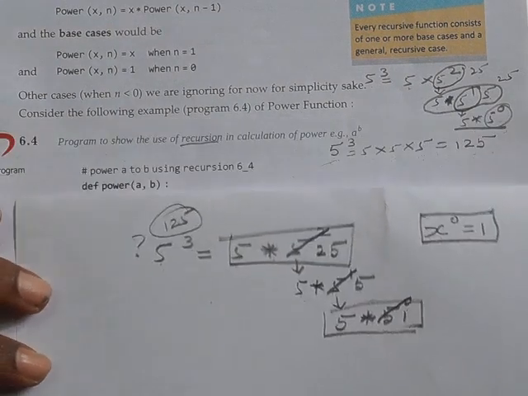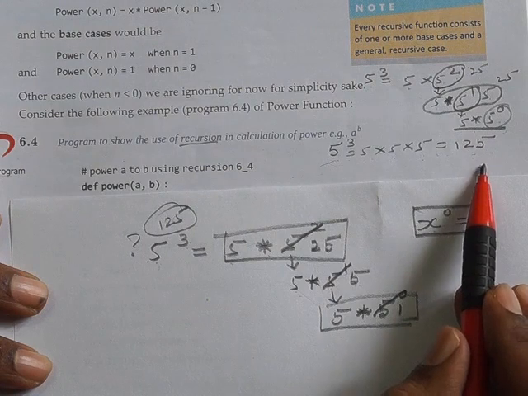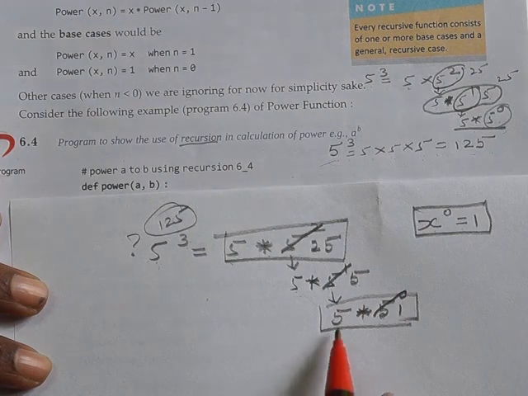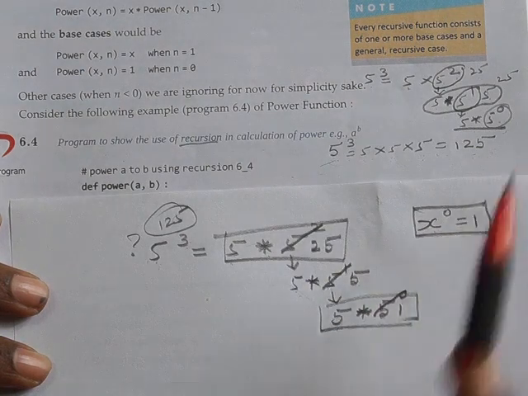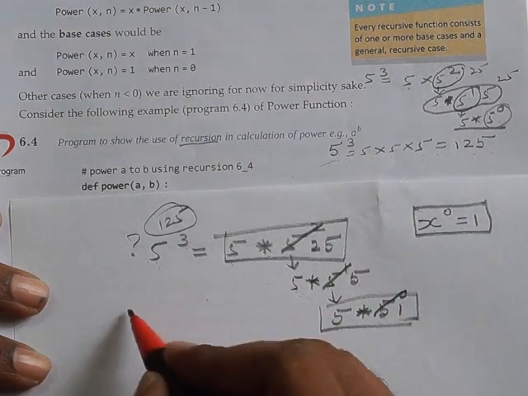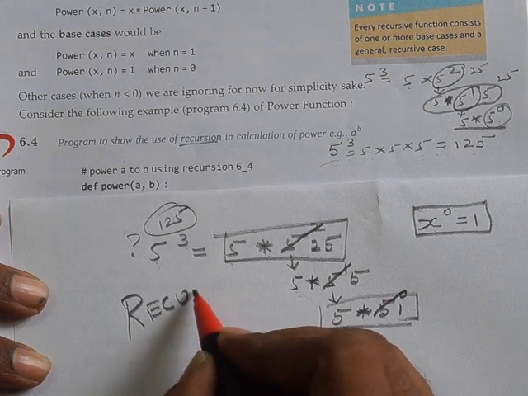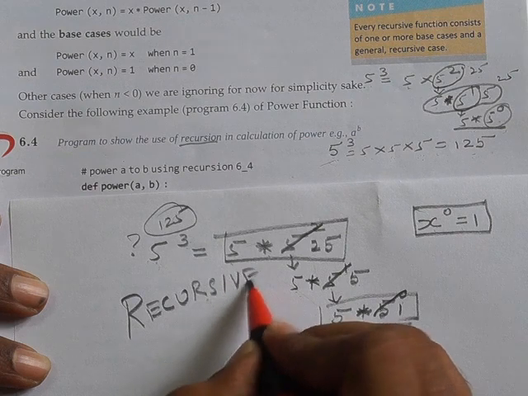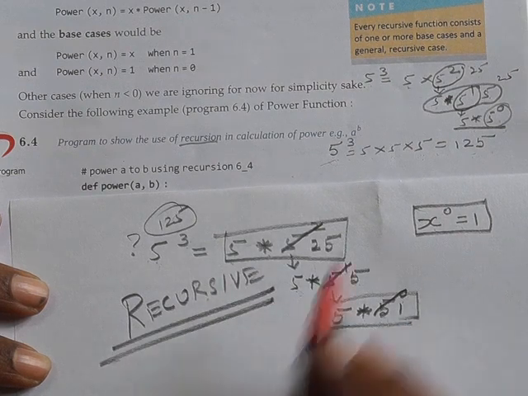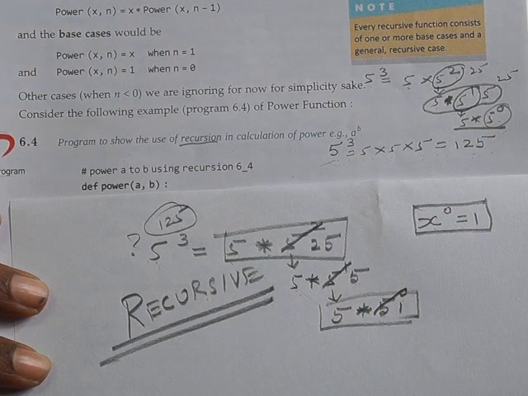Sir, why are we doing all these things? This itself is easy, no? So why are we doing it like this? Your question is right. This is an ordinary method, while this is a recursive method.